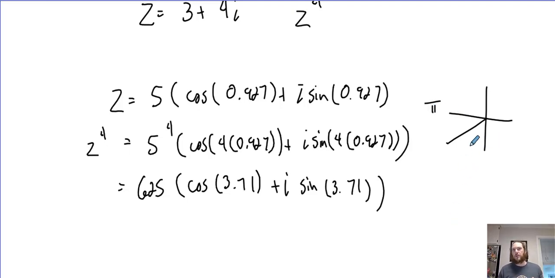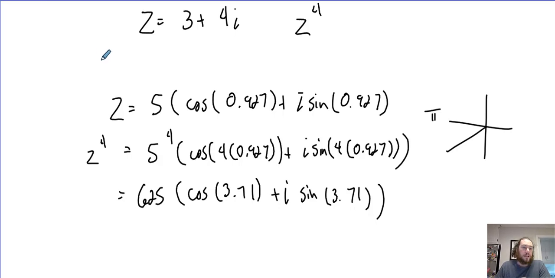Because we know that, we could subtract pi from both of these and make sure they're both negative in that case, if we wanted to. Again, it comes back to what we've learned about trigonometry in the past. But here we go, there's our answer for z to the fourth. So de Moivre's theorem makes taking a power of a complex number much, much simpler.